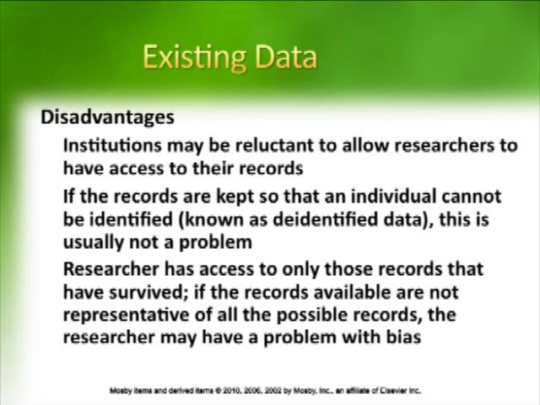If the records are kept so that an individual cannot be identified, known as de-identified data, this is usually not a problem, and the hospital may allow you access. Also, the researcher has access to only those records that have survived. If the records available are not representative of all the possible records, the researcher may have a problem with bias.